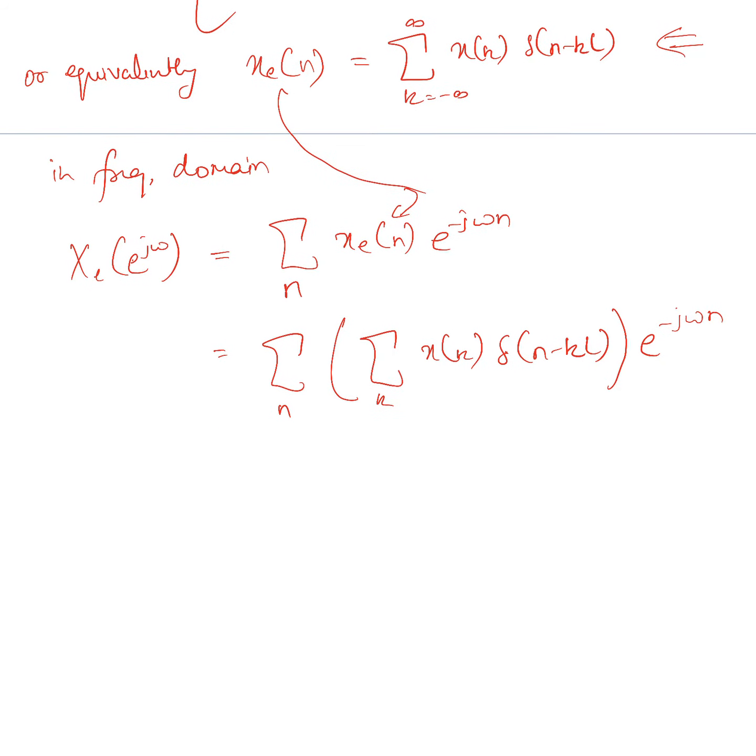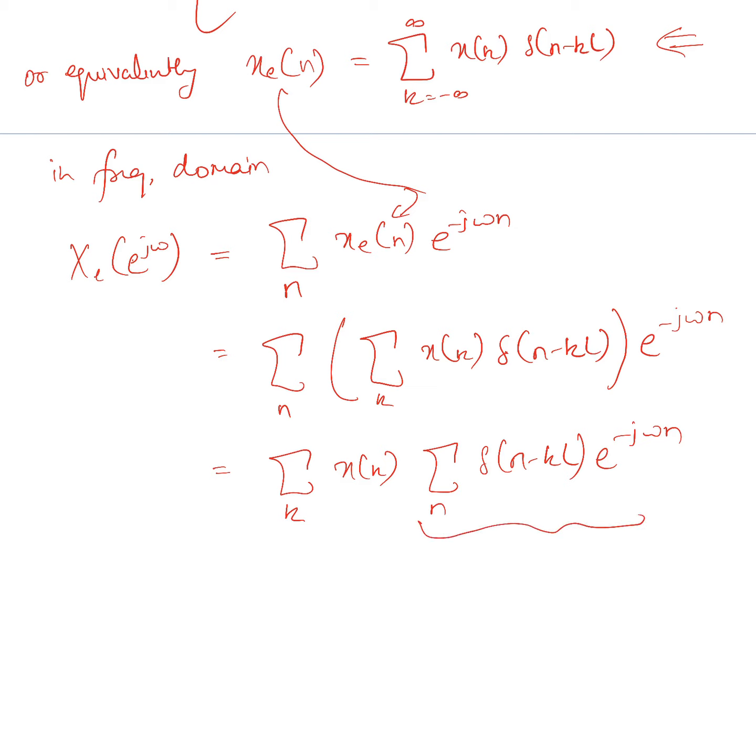Now changing the order of summation, we can write it as the summation over k of x[k] times the summation over n of delta[n minus kL] e to the power minus j omega n.